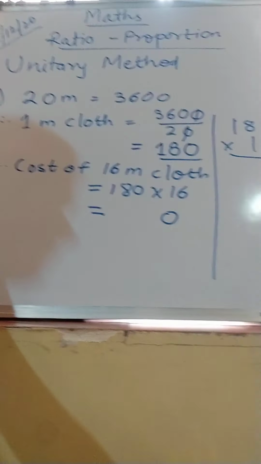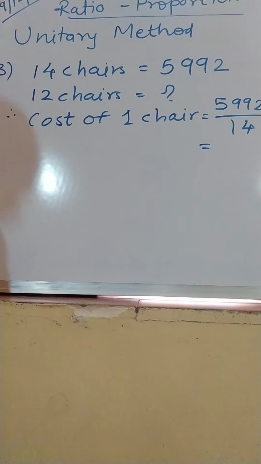Now see, therefore if 14 chairs are 5,992, then the cost of one chair is equal to 5,992 divided by 14. After doing this division, you get the amount of one chair.